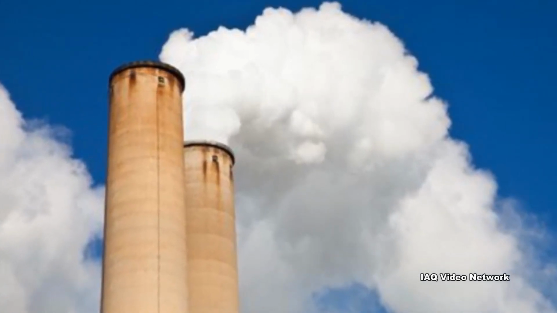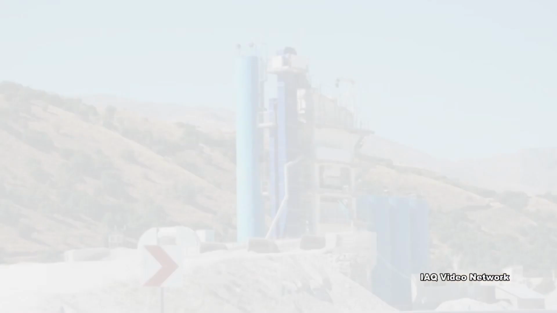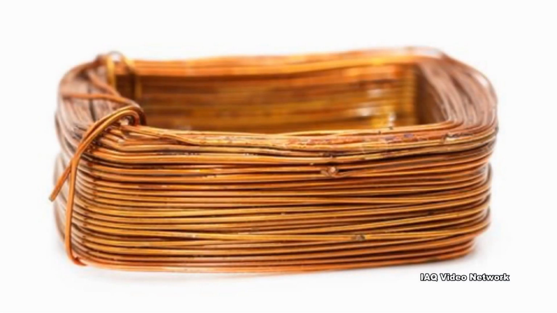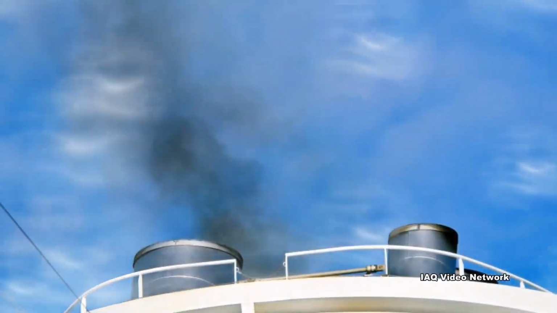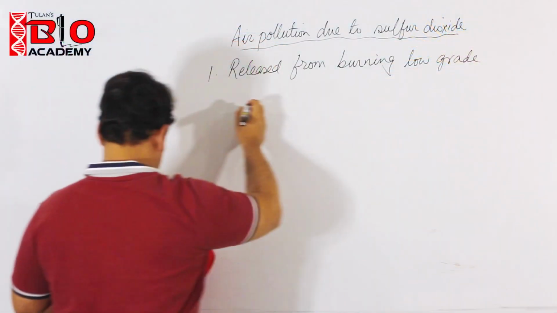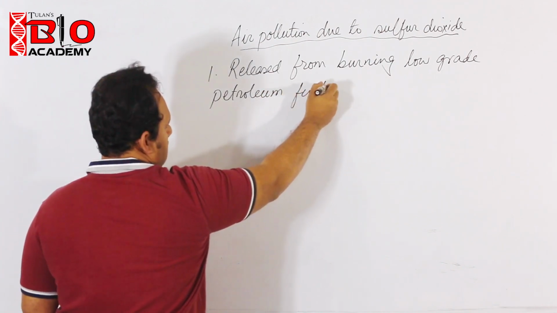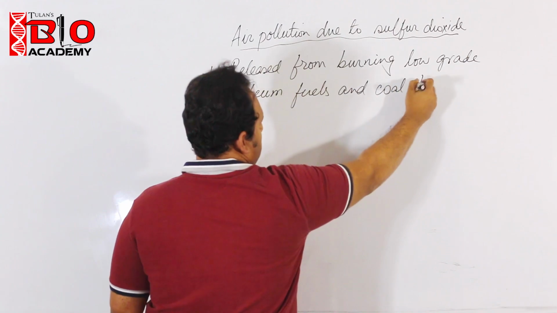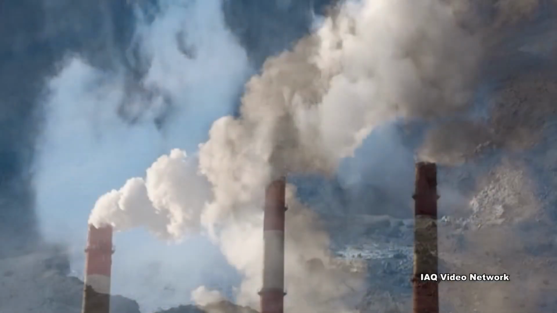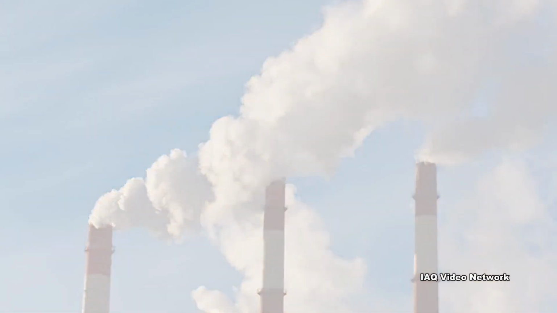Air pollution due to sulfur dioxide: it's released from burning low-grade petroleum fuels and coal from power plants and factories and mining centers.